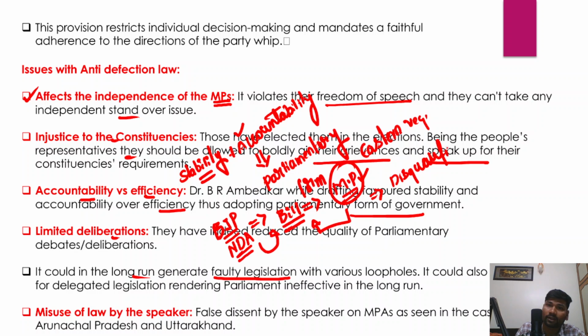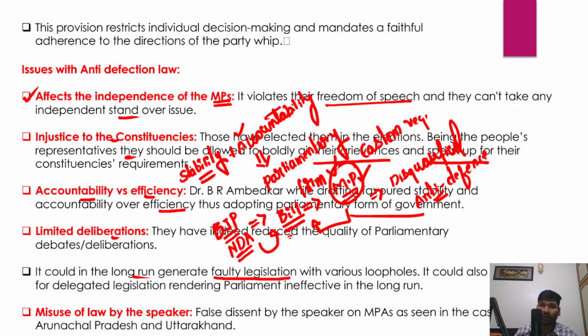So he will be disqualified under anti-defection law. So what is the purpose of members being elected and sent to parliament if they are not able to protect the wishes and aspirations of the people, right? Therefore, this is the major criticism that has been leveled against the anti-defection law.